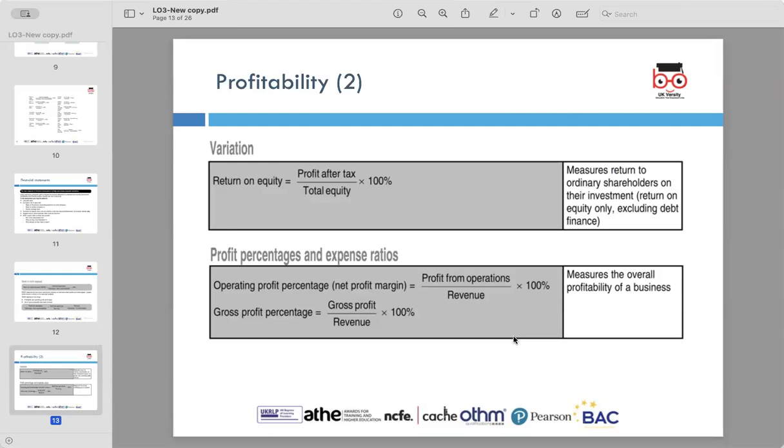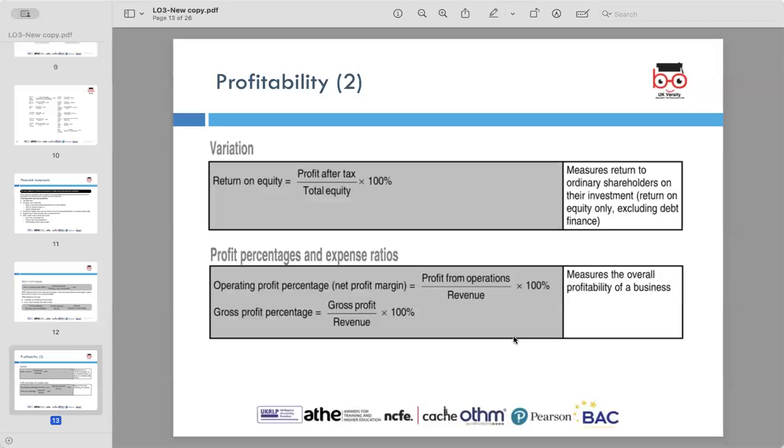Returns on equity measures the profitability of a company from the perspective of its ordinary shareholders.